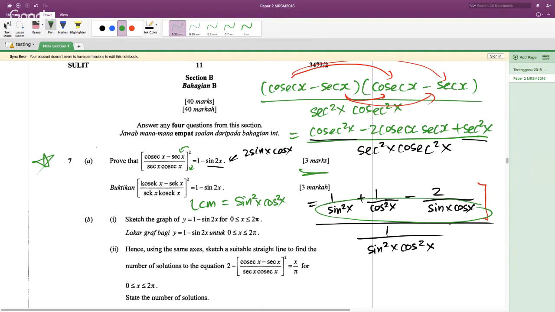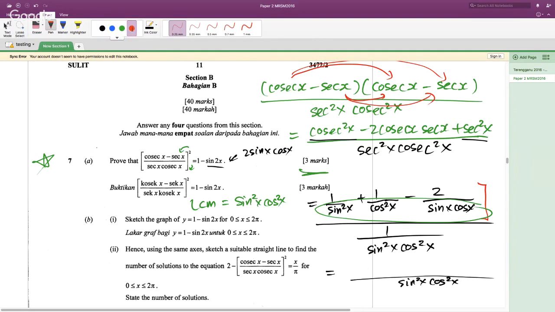That means how to make them have the same denominator. I know I can make every single one into sine square cos square at their denominator. So in order to make the first one into sine square cos square, I have to make the whole thing here into sine square x cos square x.